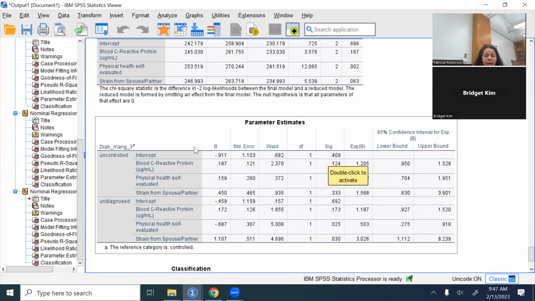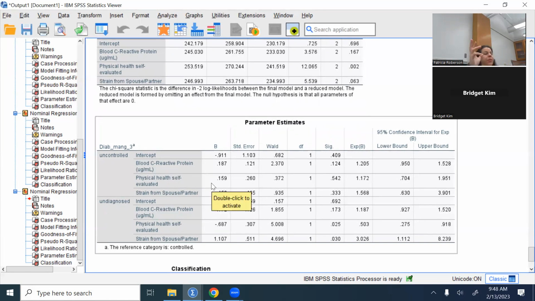When we look at the first group, uncontrolled compared to controlled, none of the independent variables are statistically significant. So what that means is that inflammation, self-reported physical health, or strain from the spouse does not differentiate the likelihood of someone having diabetes uncontrolled or controlled. Okay.